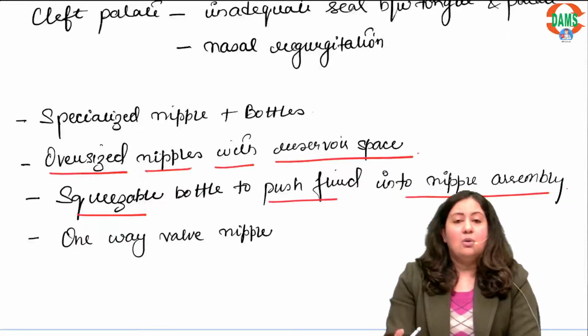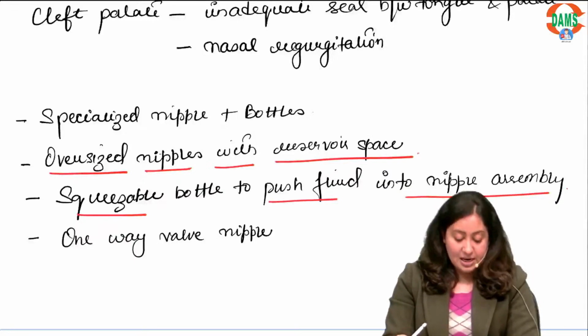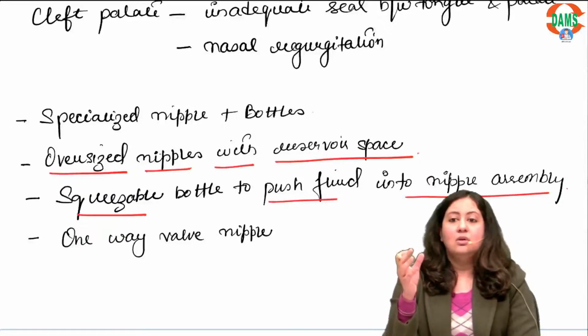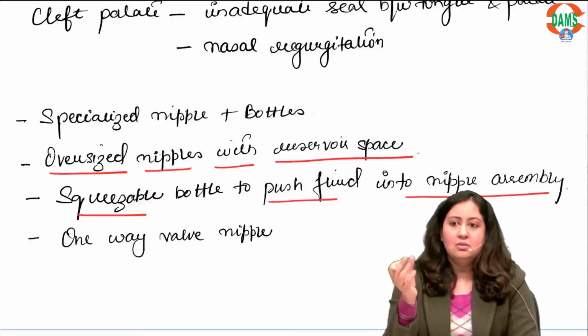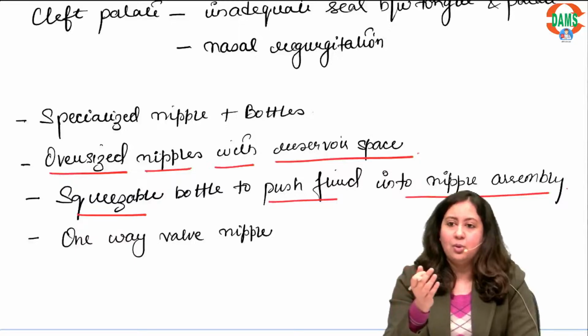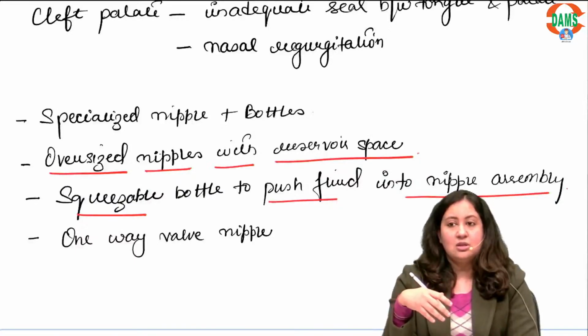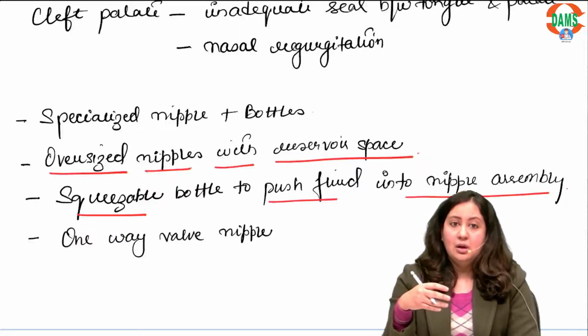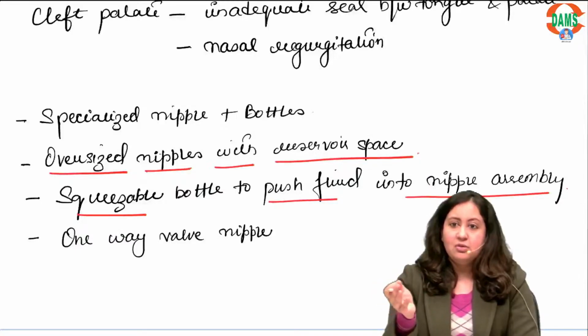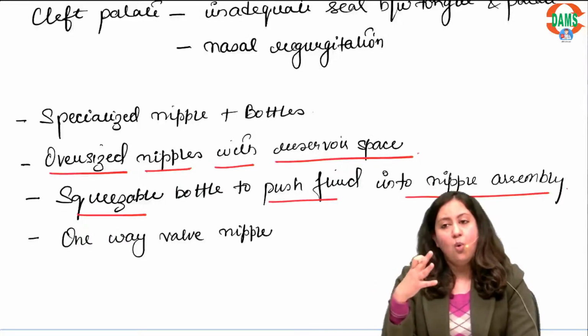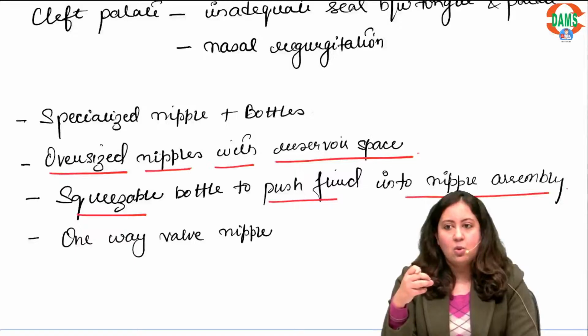Okay, now let's get back here. Now, like for a normal child, when a mother is feeding, there is a bottle and a nipple, and there's constant flow of milk from the bottle to the nipple and to the child. But in these cases, we have to take care. We cannot give the child a continuous feed. So there is an oversized nipple which has a reservoir, and it is attached to a squeezable bottle.